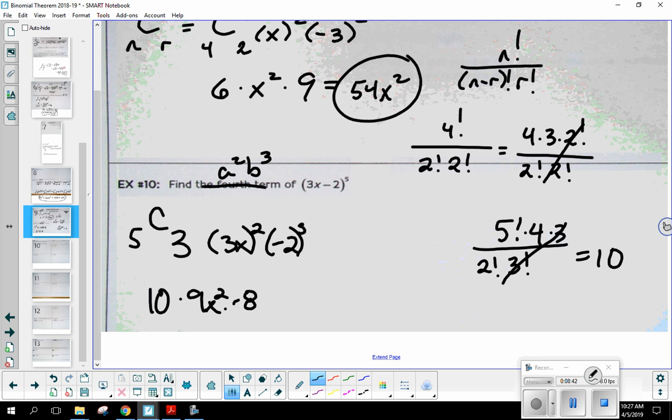So now all I need to do is multiply that together. 10 times 9x squared times -8. Okay. Thank you, Alyssa. Okay, so -720 x squared. Perfect. That's it. Good job. See, there you go.